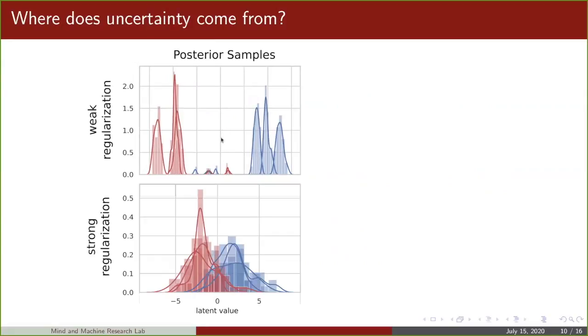However, if we use a strong regularization, this changes. This is the same input stimuli, by the way. The model is now forced to cluster these input stimuli together, and there's a lot of overlap between them, and a significant overlap across the two classes.